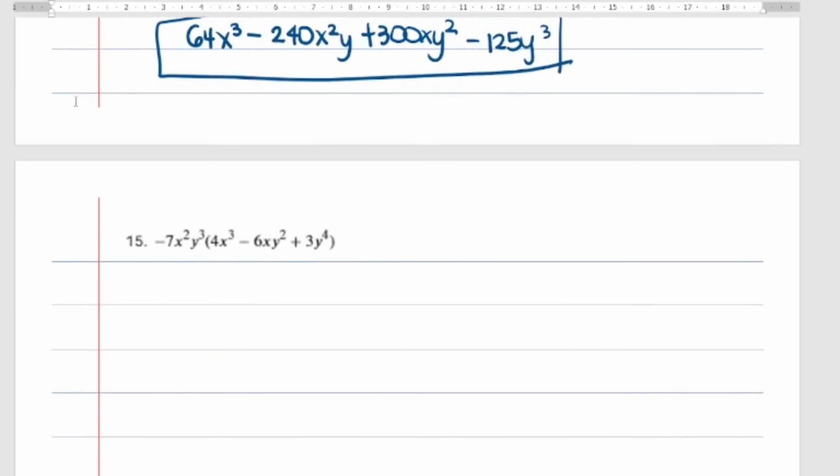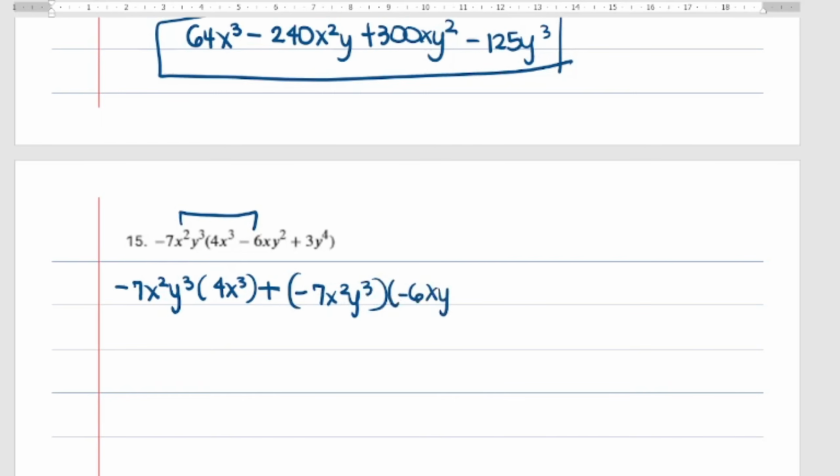Okay, next. This expression just needs the distributive property. So, multiply here. That's negative 7x squared y cubed times 4x cubed plus negative 7x squared y cubed times negative 6xy squared.